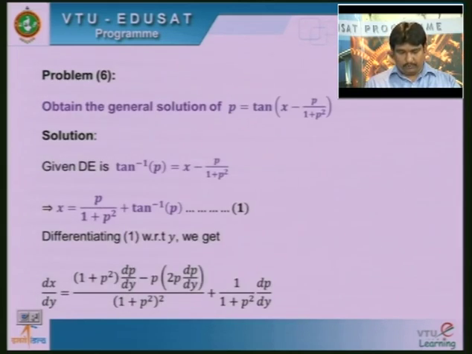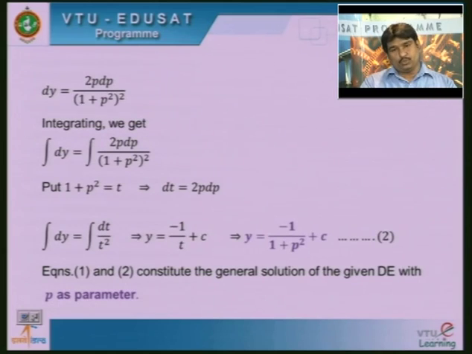So equation number 1 is x in terms of p, and equation number 2 is y in terms of p. These two together constitute the general solution of the differential equation with p as parameter. So it's a parametric form, x in terms of p and c, y in terms of p and c.